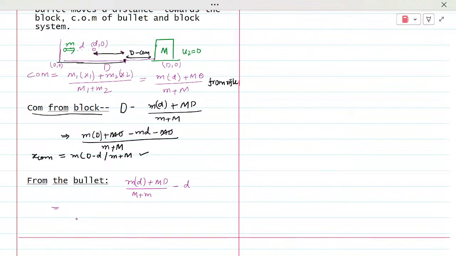That is equal to small m D plus capital M into capital D minus capital M into small d minus small m into D, by m plus M. So the answer is capital M into capital D minus small d by capital M plus small m. So this is related to the center of mass question. This is from the bullet. This is from the block.